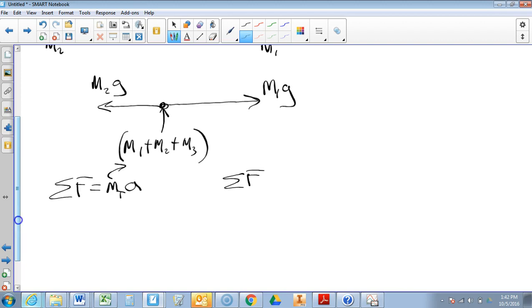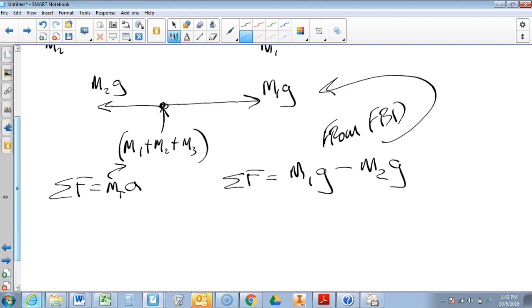Whereas when we look at net force, it is equal to M1G minus M2G. It's another way to look at net force. It comes from the free body diagram, with this direction as the positive direction.